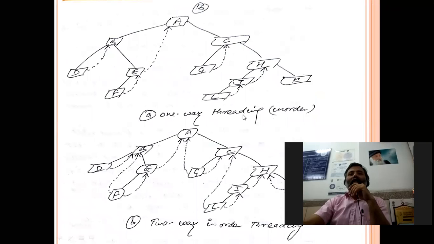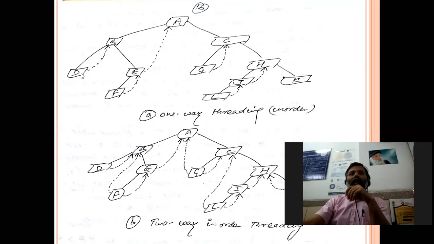Suppose this is the binary tree we have. You all are aware of the traversal of this one; I have already discussed it. So you know that in in-order traversal, the root will be traversed after the left subtree. So after D in the traversal, the next node will be B. This node D has no left child or right child, so its right pointer will be a null pointer.